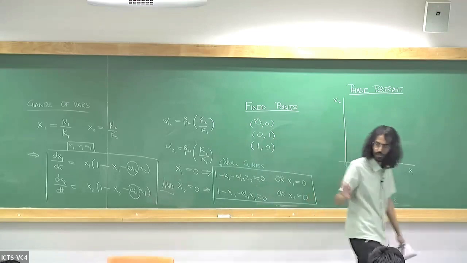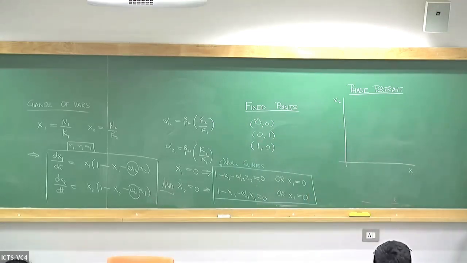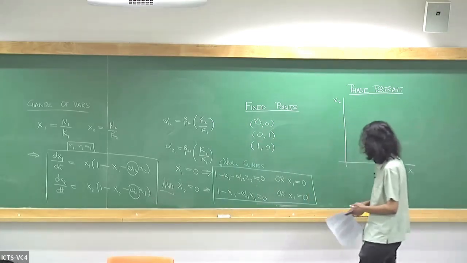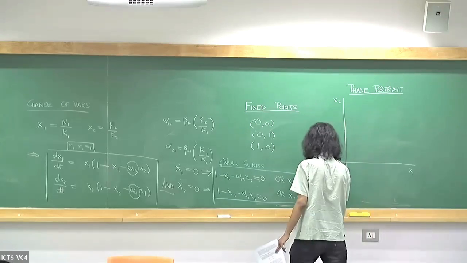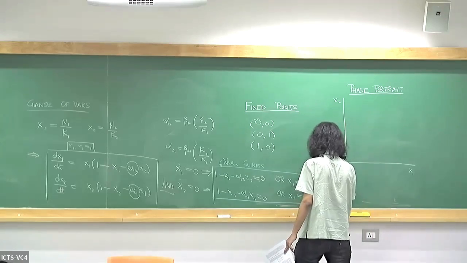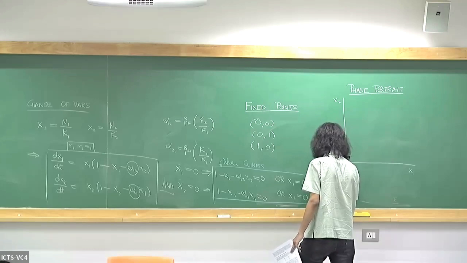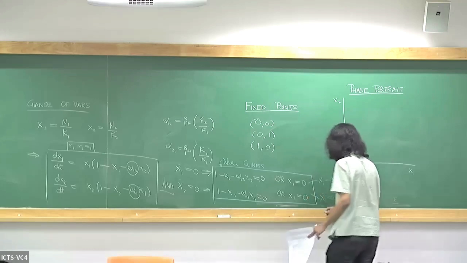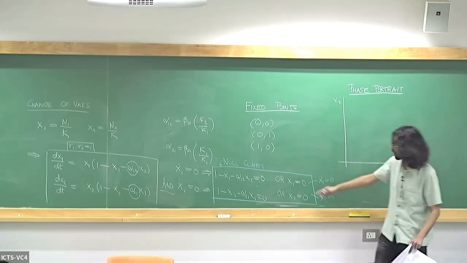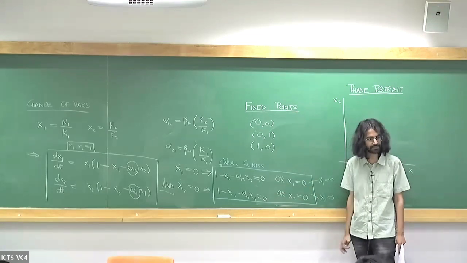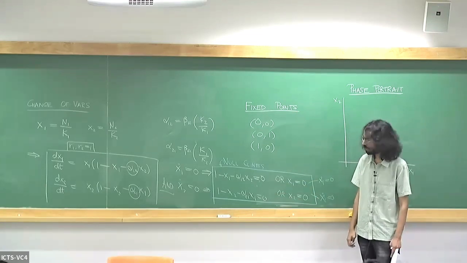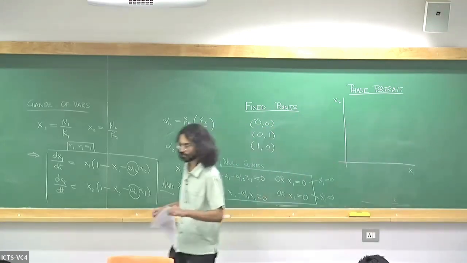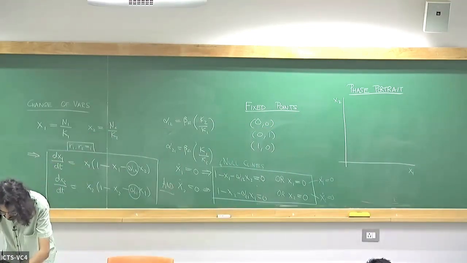I mean, nullclines don't always have to be lines, but these are curves where the following happens. This one, remember, is x1 dot equals 0. This one is x2 dot equals 0. Right? And you see that all 4 of these are lines. Okay, so let's draw some of these. I need all of my colors now.